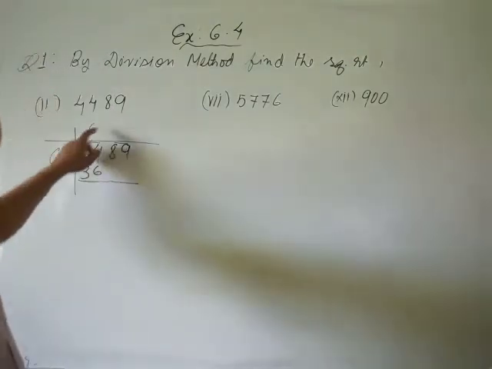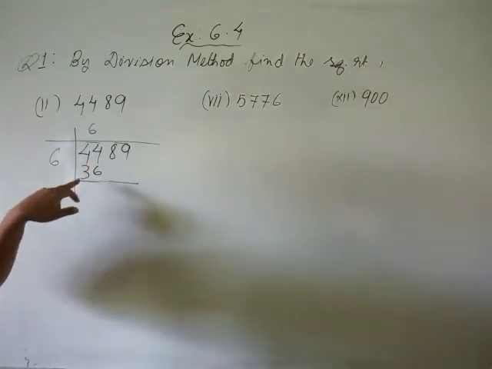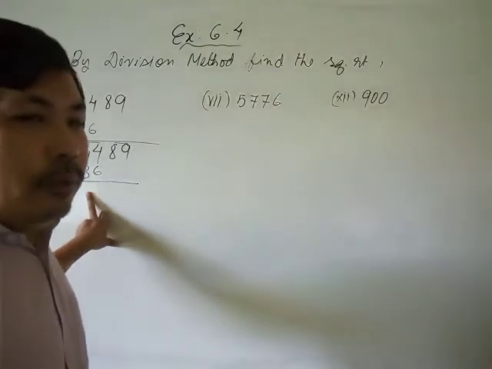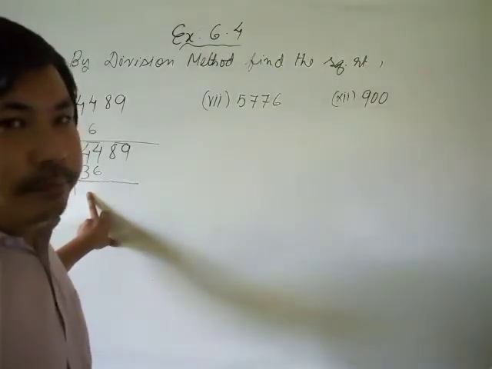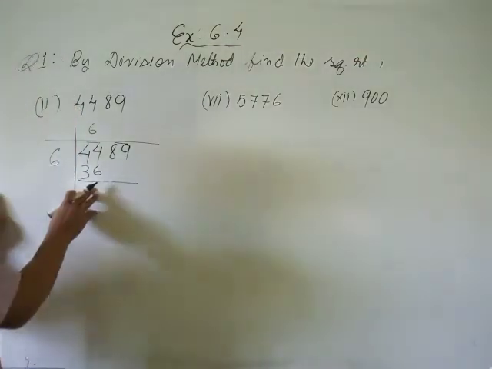So 6 sixes are 36 we got it. 6 sevens are 42, so we cannot take that. We take the square of a number, 6 sixes are 36, so we got 36 here.